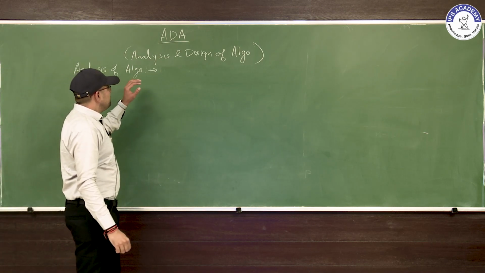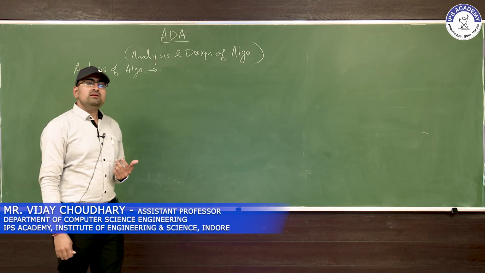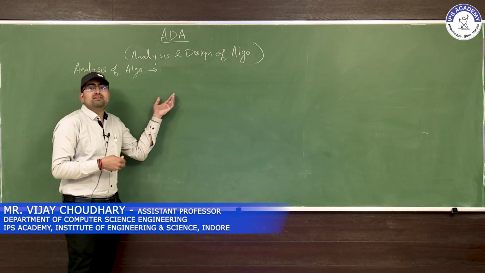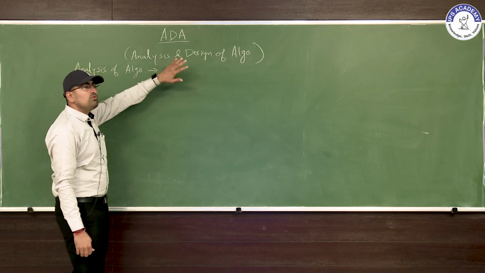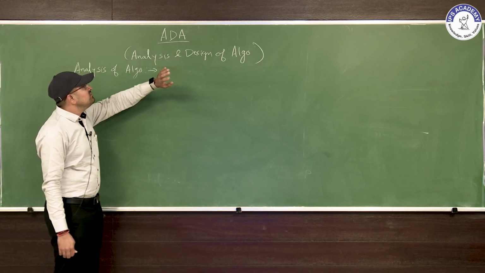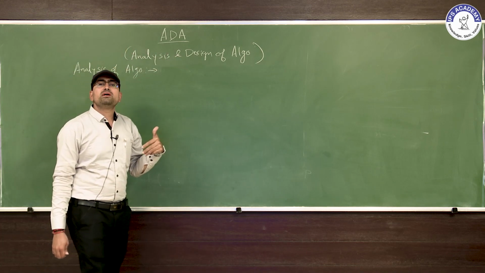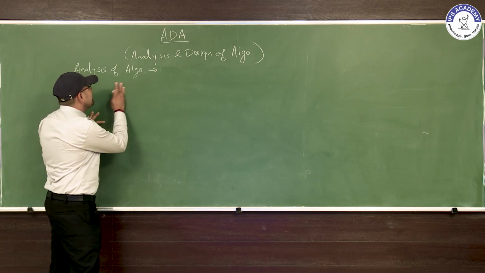Now we are analyzing algorithms, different categories of algorithms, right? Then we need some mathematical notation to represent the complexity. What we have studied so far: what it means by algorithm, then what the analysis of an algorithm is, then what the categories of algorithms we are going to analyze are.